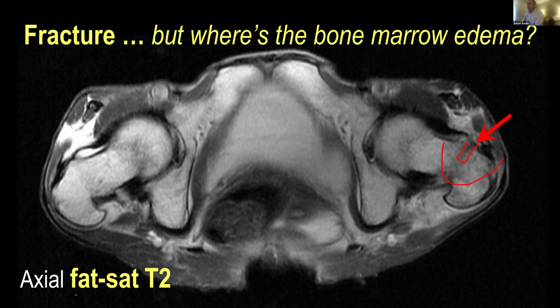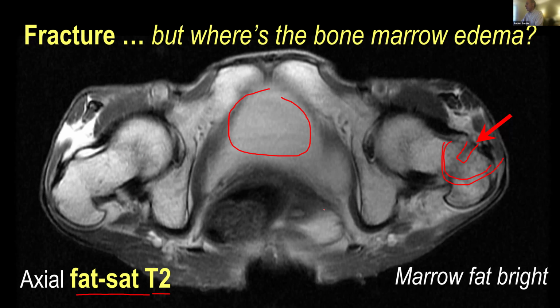And in fact, if this is a fat suppressed fluid sensitive or T2 weighted image, and you can see the fluid in the bladder is bright, why is the bone marrow just diffusely bright? We look for bright bone marrow on a T1 weighted image without fat suppression, but on a fat suppressed T2 weighted image, the marrow fat should suppress or get dark, and that's why we see the edema adjacent to a fracture so conspicuously.